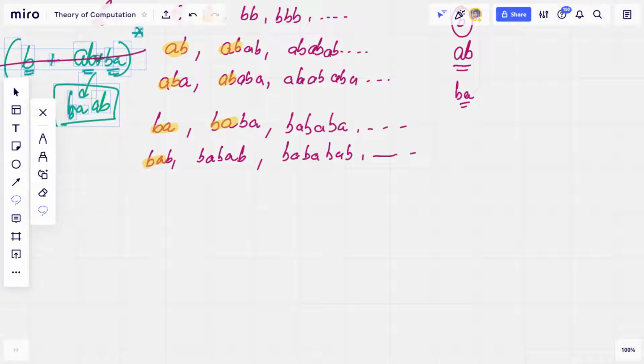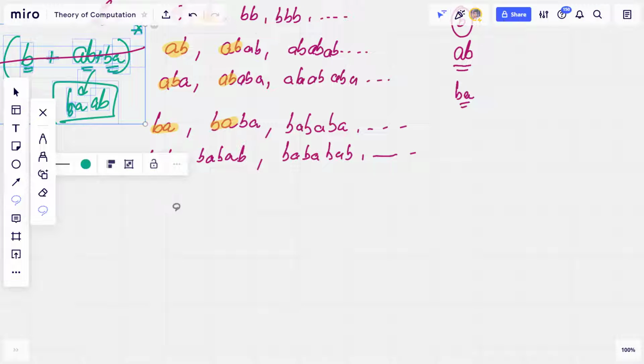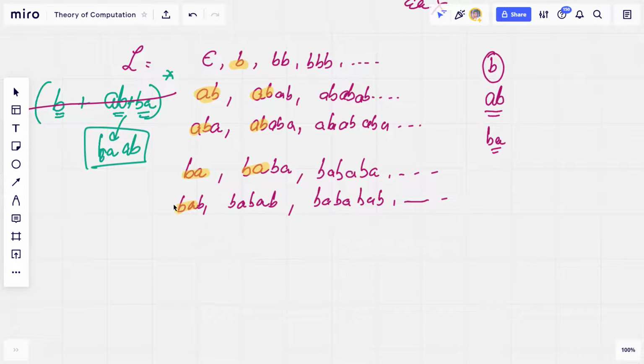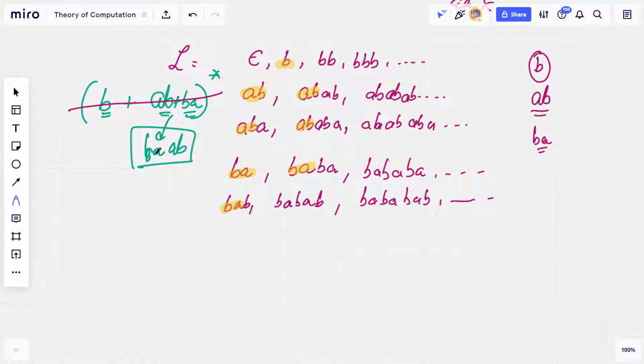Building blocks are B, AB, and BA, but I cannot write AB and BA at the same time, because then I'll get A followed by A, and I don't want that.